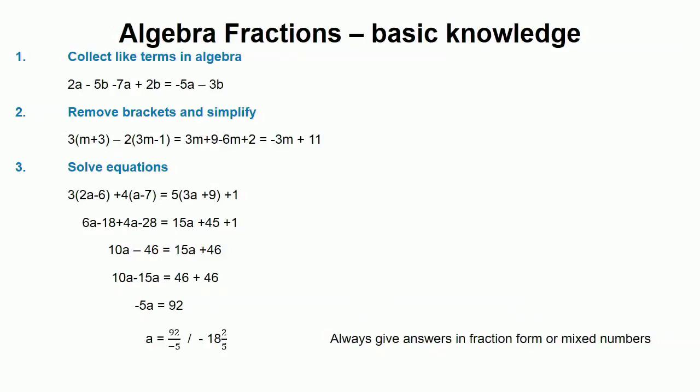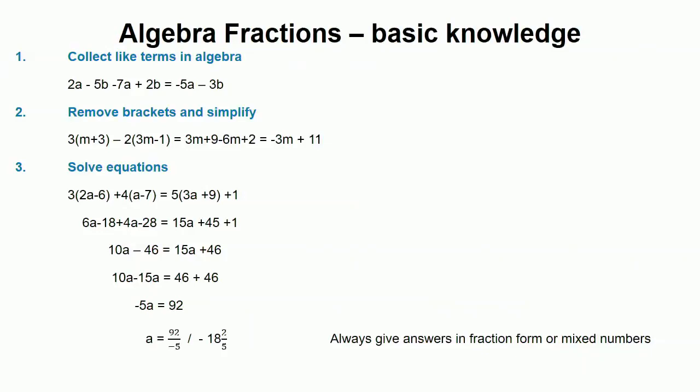Solving equations, you apply also your previous knowledge. You have a left and a right side, and remember, what you do to the left side, you do to the right side. First of all, remove all the brackets. Multiply the 3 times 2a, 3 times minus 6. 4 times a, 4 times minus 7. 5 times 3a, 5 times 9. And you can see that the 1 is just single on its own, nothing to do with the bracket.